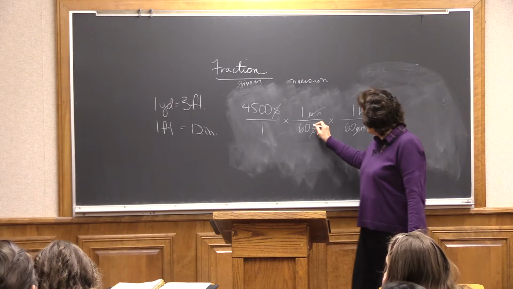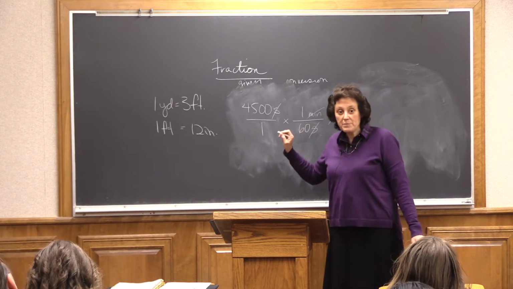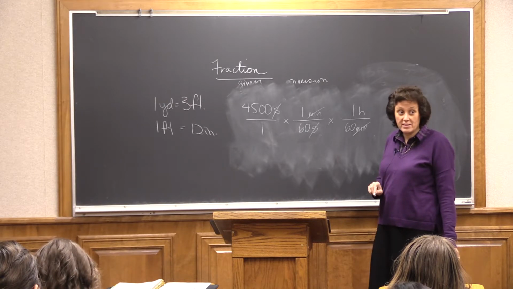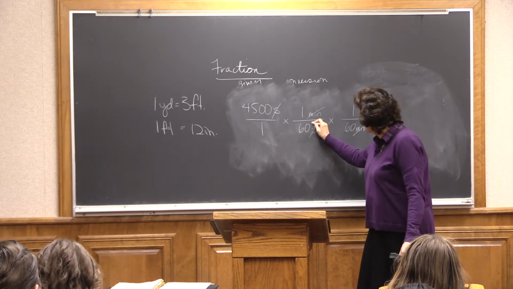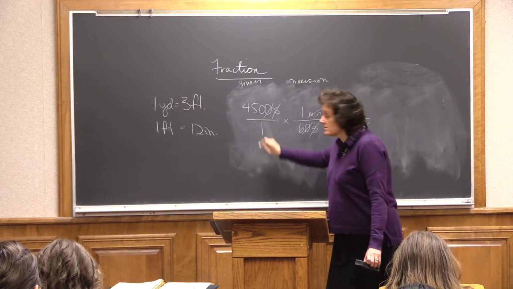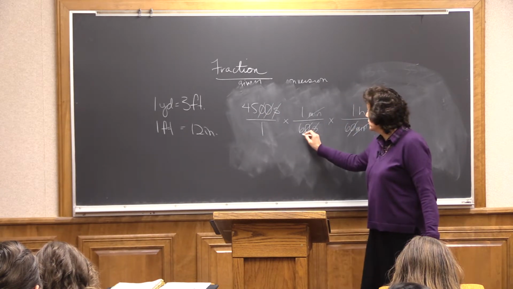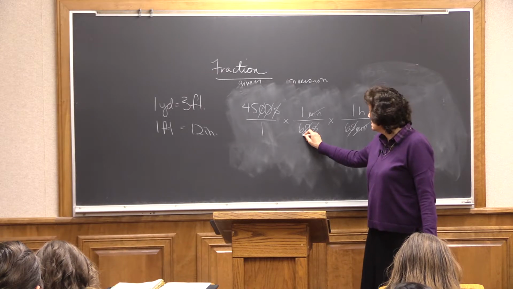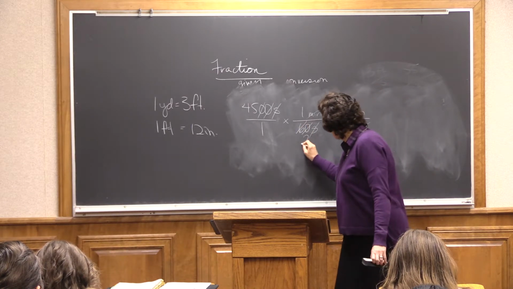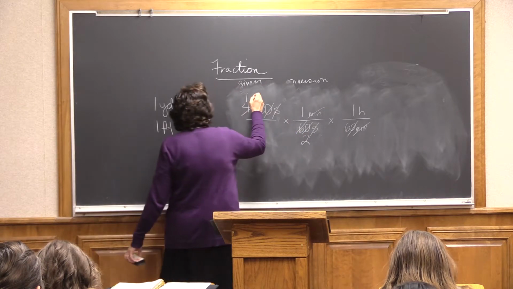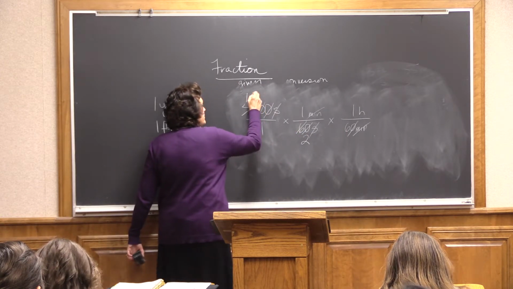All right, then this is going to help me because I'm not going to divide by 60. I'm not going to divide by 3,600. I'm going to cancel this 0 with this 0. I'm going to cancel this 0 with this 0. I'm going to reduce. 3 goes into 6 twice. 3 goes into 45 15 times.